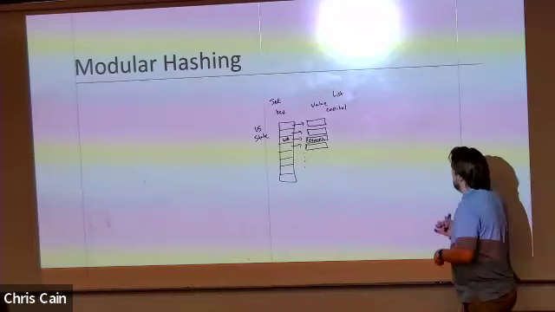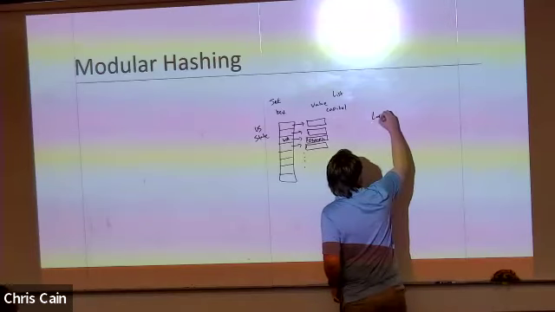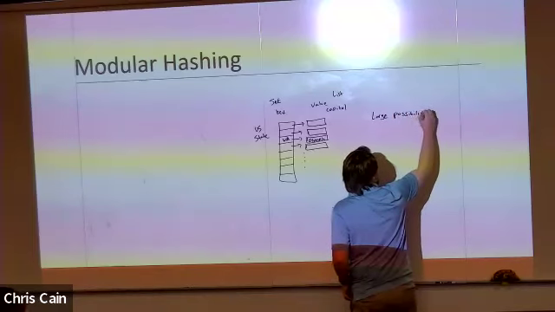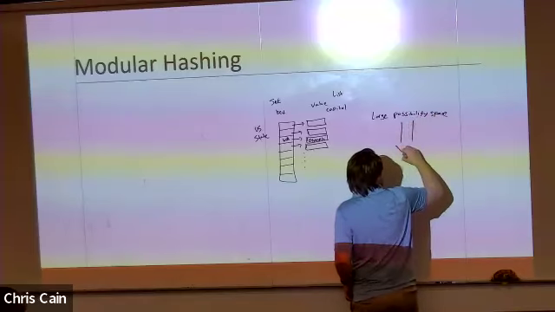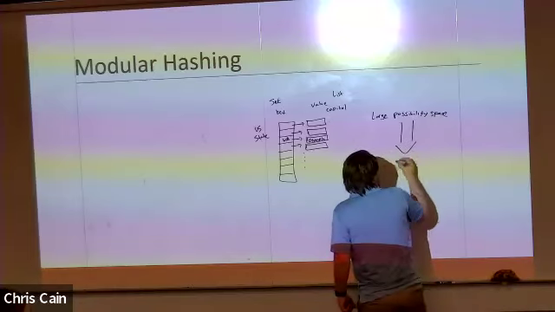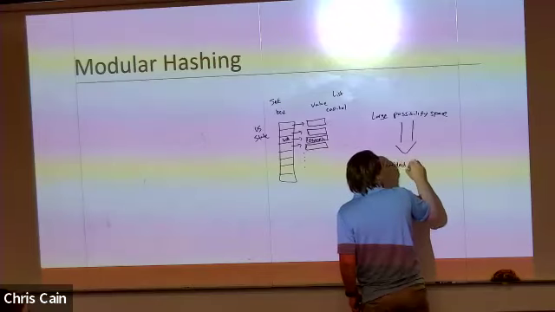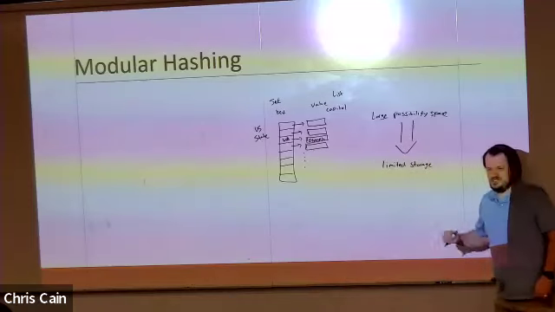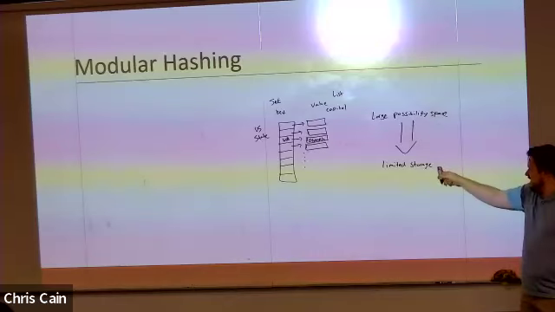Let's go with a general one. When you have a large possibility space, and you need to take that large possibility space and map it onto some limited storage, because we don't have infinite storage. This could even be something like a ticket number and a seat.